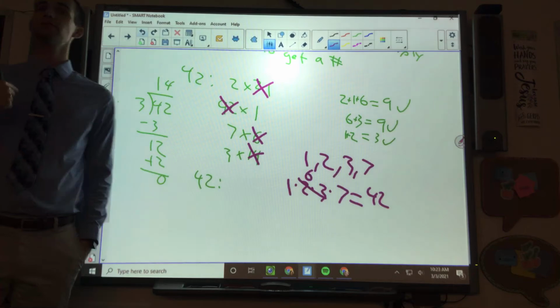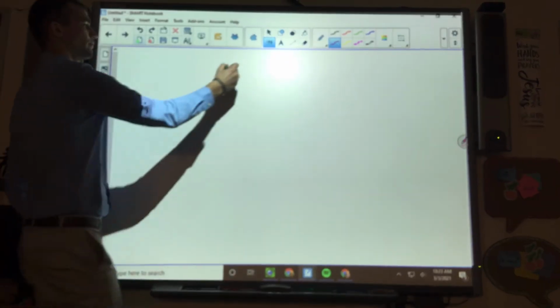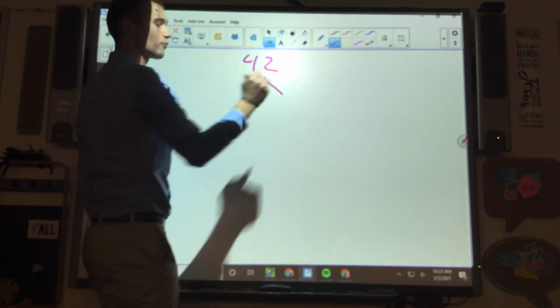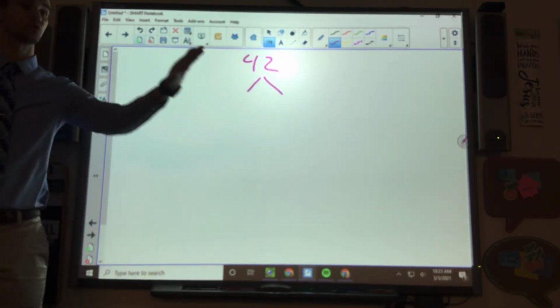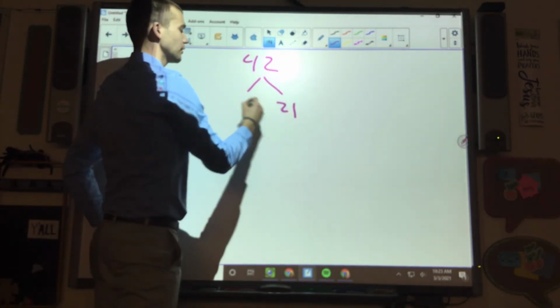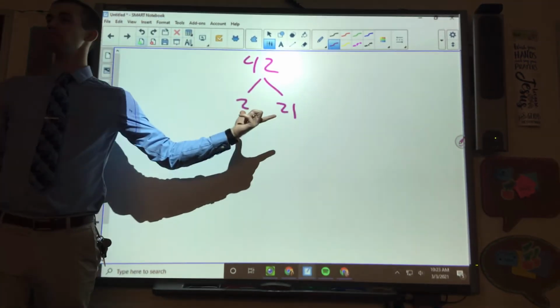So the easier way to find prime factorization is to do this. We break 42 into groups. Think of any of those factors. 21 and 2. Are either of those prime?